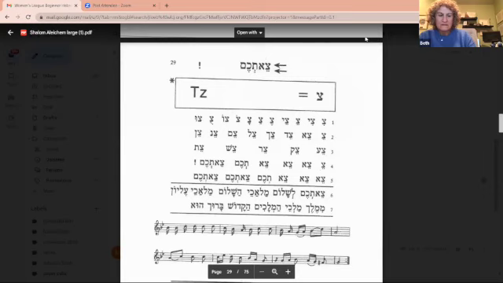TZ is a combination that doesn't exist in English, but we know lots of words that are TZ. Tzedakah, Tzadik, the Tzadik that holds the baby in the breasts. It's the root.